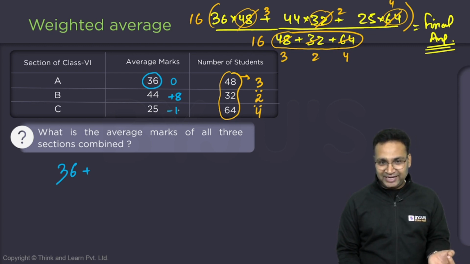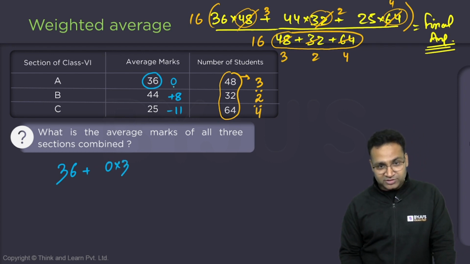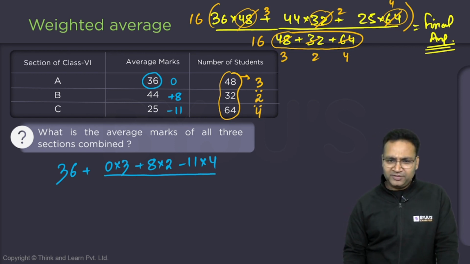Minus 11. 25 plus 11 is 36. So can I say the total deviation is 0 into 3, weighted, 0 for 3 numbers, similarly 8 for 2 numbers, and minus 11 for 4 numbers, divided by the total number 3 plus 2 plus 4.